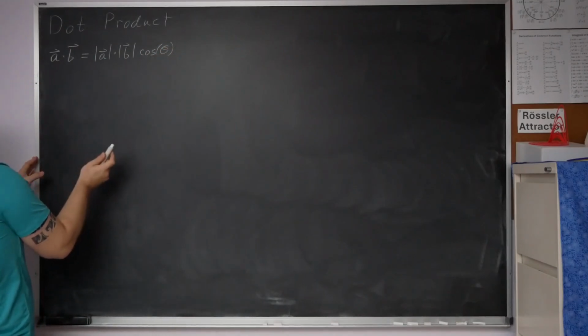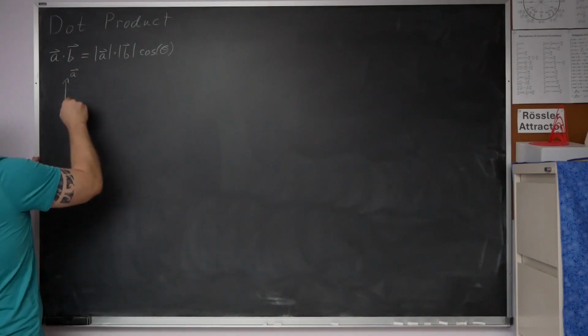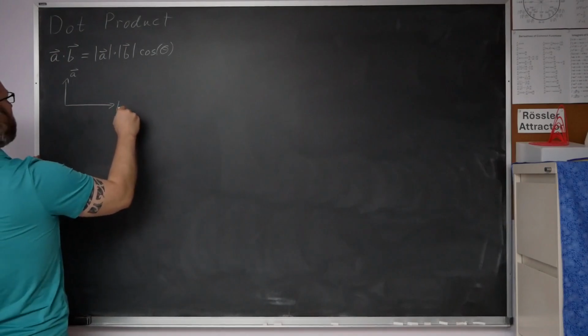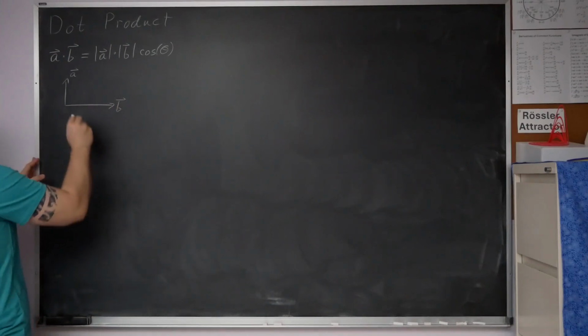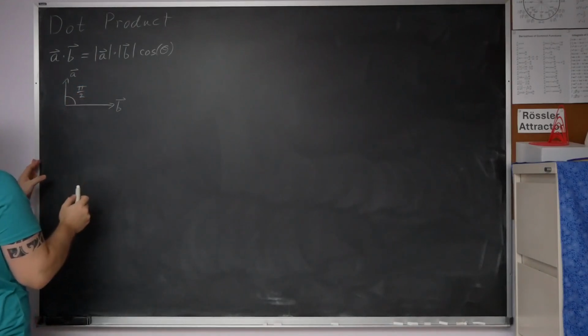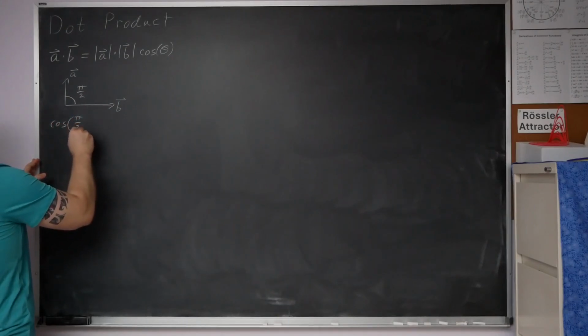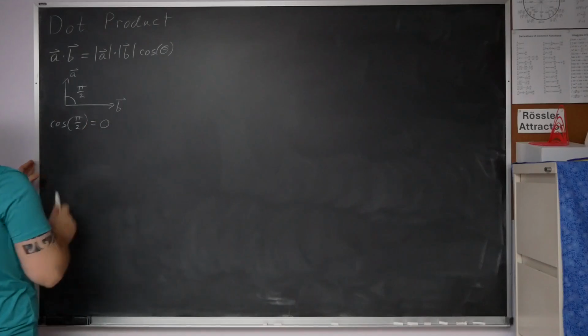All right, so there's a few special cases. So one of the cases, if you have A and B form a right angle with each other, then that angle is pi over 2, and then the cosine of pi over 2 is 0.